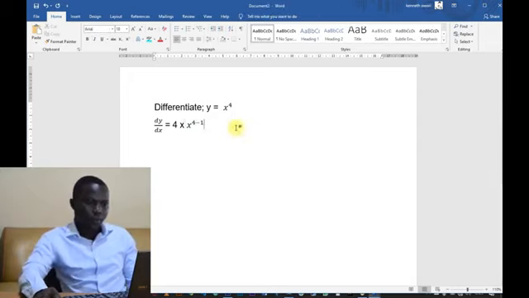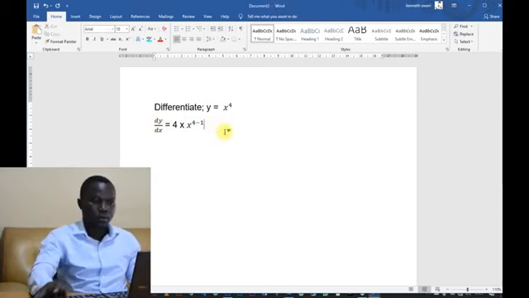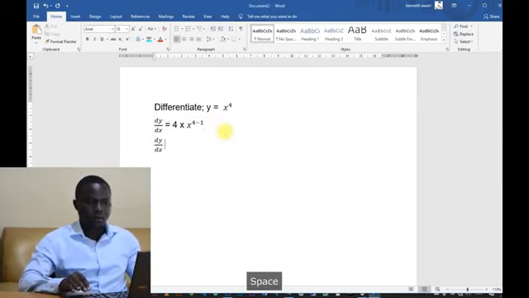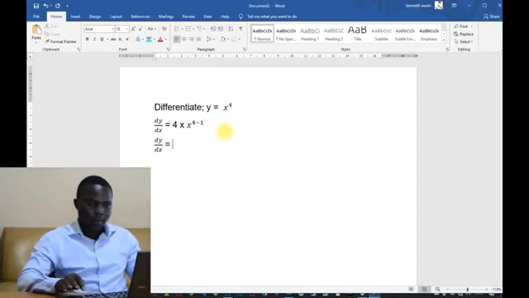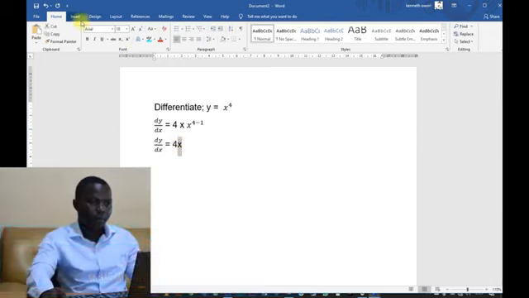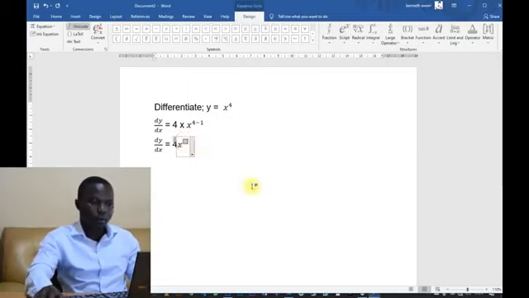So the result would be dy dx equals 4x power 3.